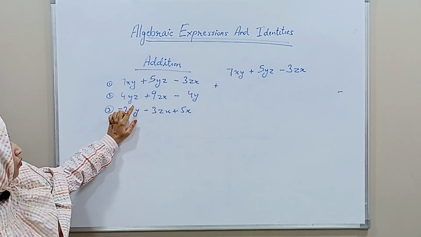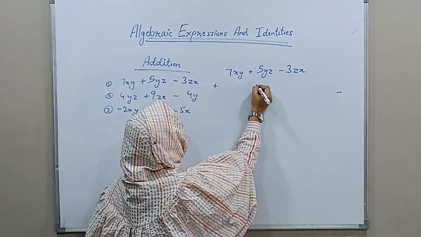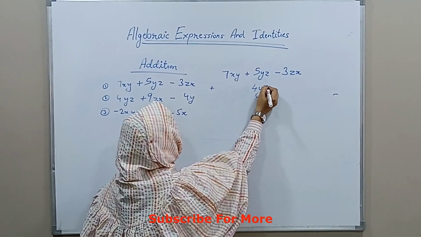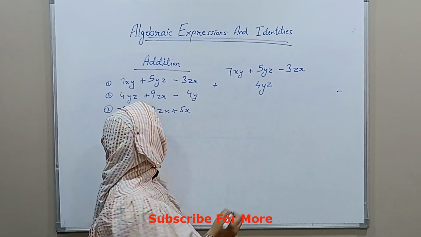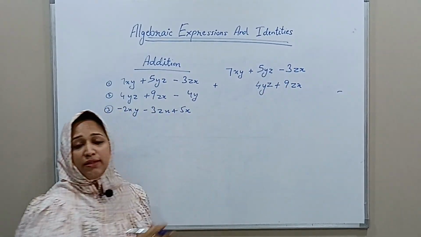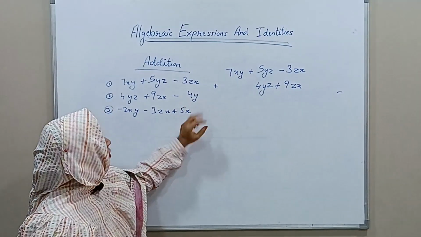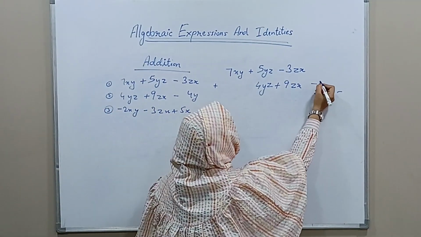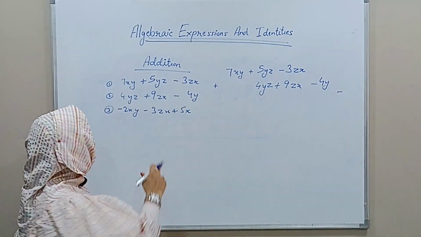So write down 4yz exactly below the variable. 4yz will come here. 9zx, so 9zx will come here, since minus 3zx and 9zx are same variables. And minus 4y. So let us write down minus 4y here, since we don't have a variable y here.